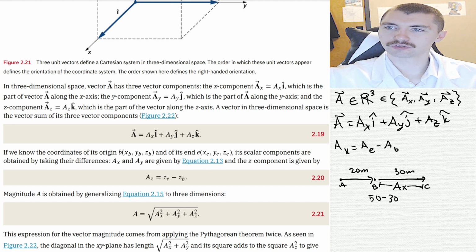So the end is 50 minus 30 equals 20. So AX equals 20 in this case.